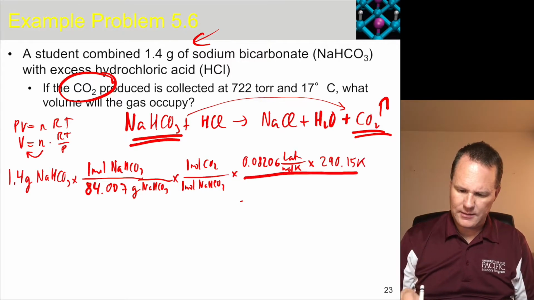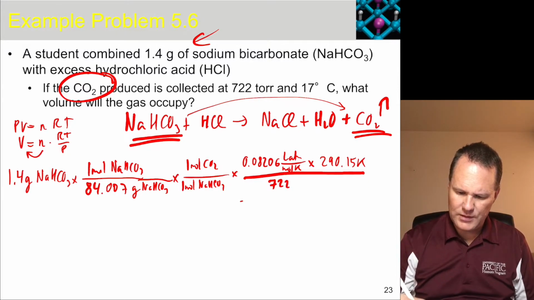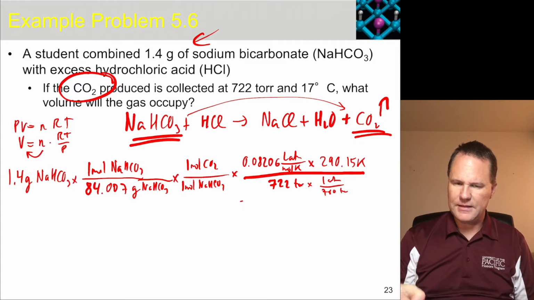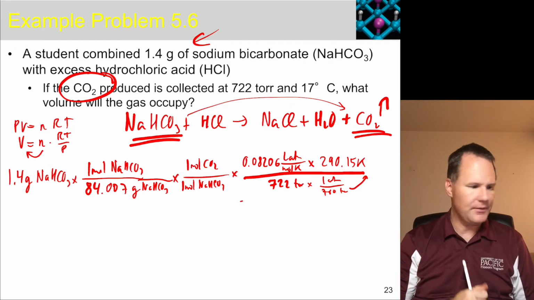And then I divide by the pressure, which is 722 torr, converted, right, to atmosphere, as 1 atmosphere is 760 torr, right?